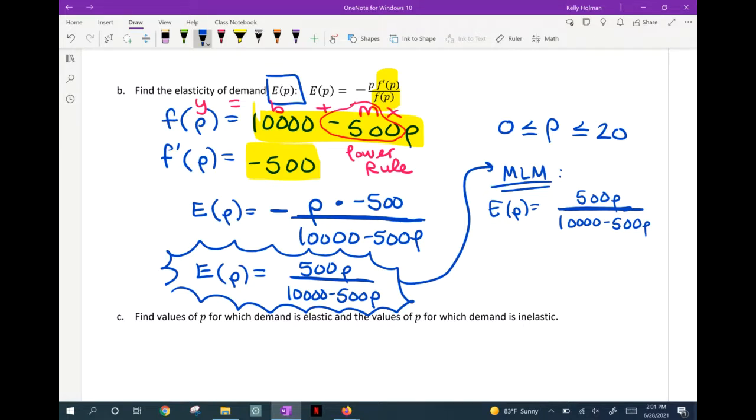Divide it all by 500p, factor out the, oh, not the p, just the 500, right? We can't just straight up cancel those out. We have to factor, then reduce. I know it's really tempting to cancel those out, but there's no p in the first term, so can't do that.